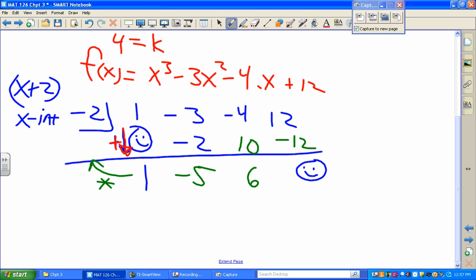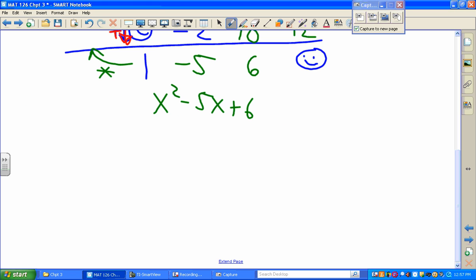Now this becomes x squared minus 5x plus 6, which means I have x minus 3, x minus 2.